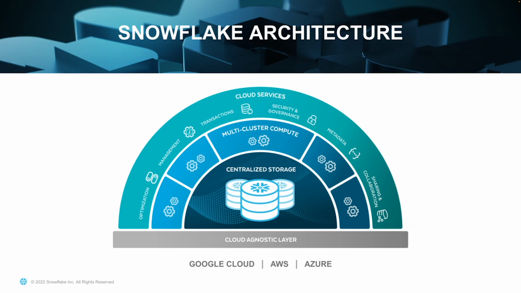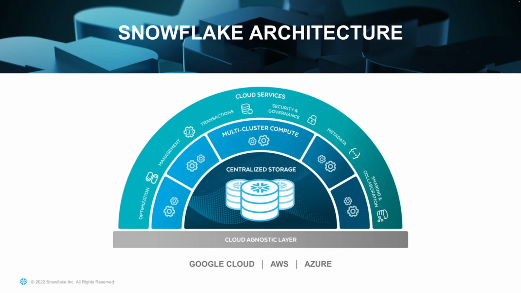That's the other important piece here, is that all of these separate different compute elements can access that same centralized storage layer. That's important. Now, when we go one level higher, the cloud services layer, this is really where the brains and some of the additional things that Snowflake does that's special on top of the compute and storage layers.